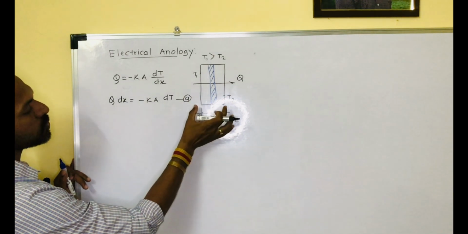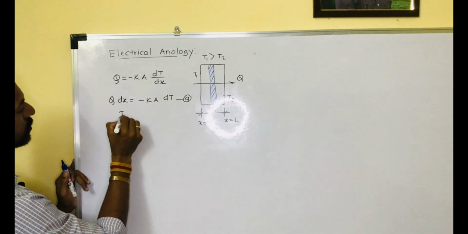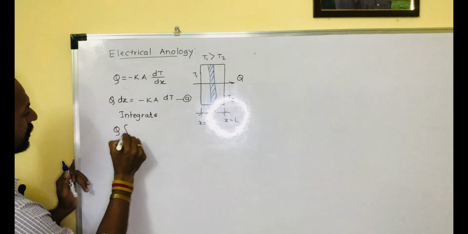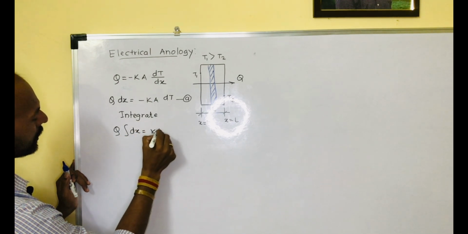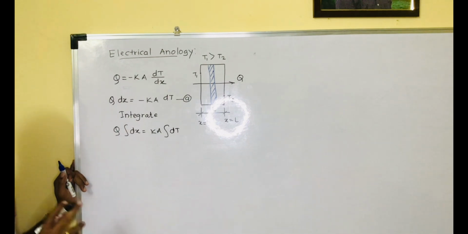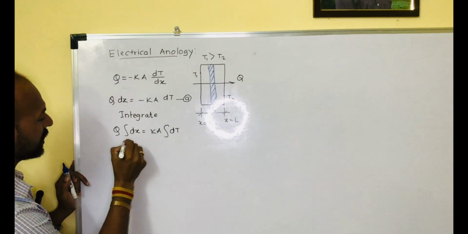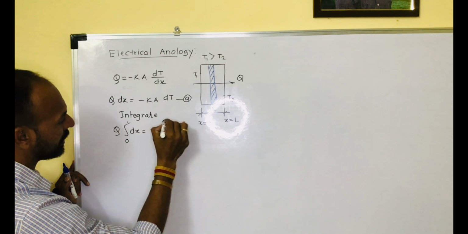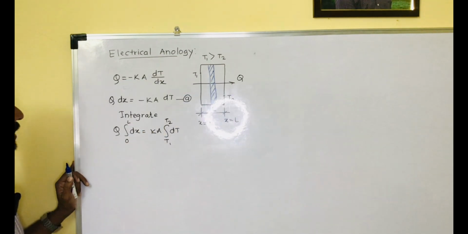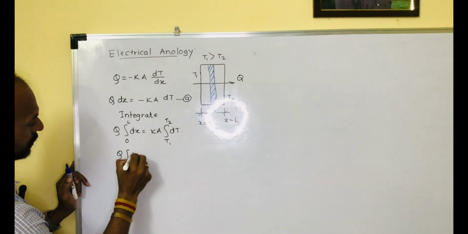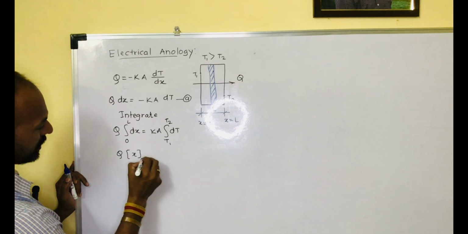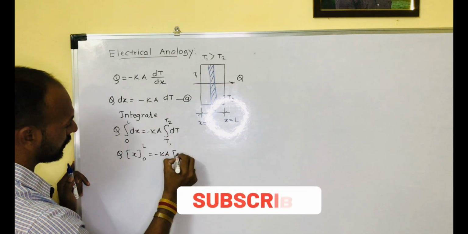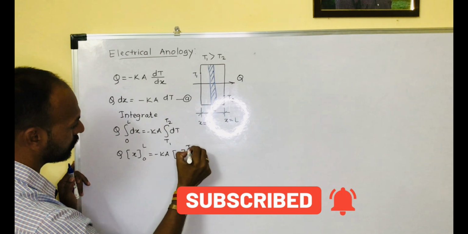In order to calculate the total heat transfer throughout this plane wall, we have to integrate equation A. As a result of integration we get minus K into A integration of dT, using the limits of integration: x equal to 0 to x equal to L, with temperature T1 at x equal to 0 and T2 at x equal to L. Simplifying, Q into the integration of dx is x between the limits 0 to L, and because of the negative sign, minus K into A integration of dT is T between the limits T1 to T2.